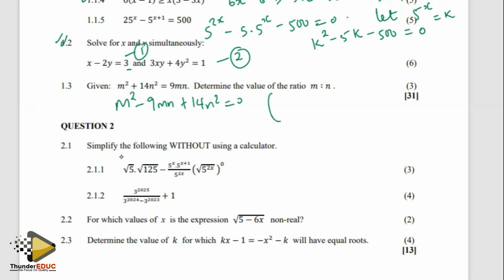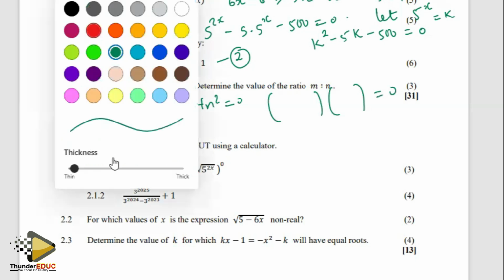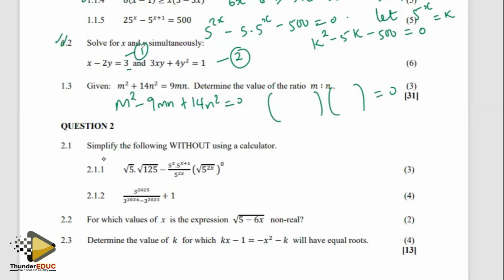Then let's factor this out, so that we can be in position to get our ratios the way they want them. So that's going to be m and m. Numbers I look at to get me 14 and 9 is just 7 and 2. So I'll say minus 7n minus 2n.